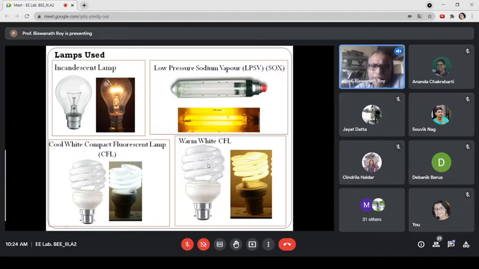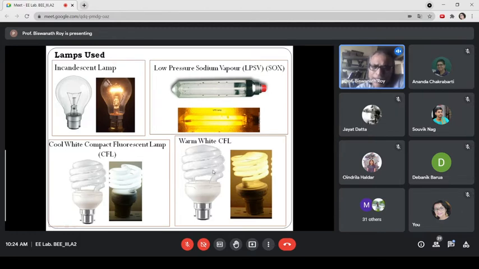Now in the case of a CFL lamp, these two are the same. The only difference lies somewhere else, which I am going to tell about. Here in the discharge tube, the mercury vapor is there under low pressure.